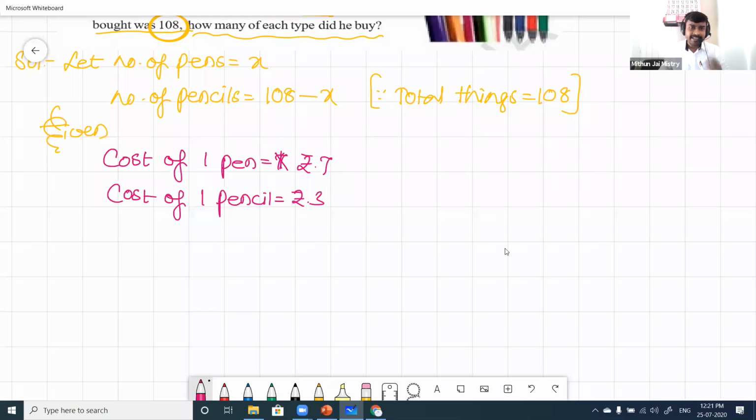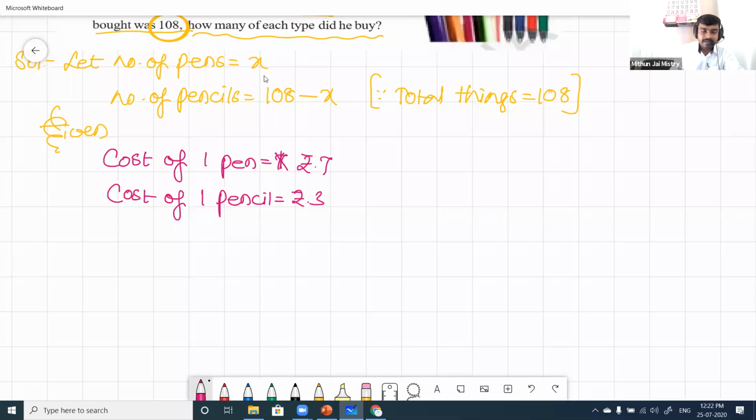Yes, 70. Correct. How? Because 7 into 10. Cost of one pen is 7, so cost of 10 pens will be 7 into 10. Similarly, if cost of one pen is 7, what will be the cost of X pens? 7 into X, right?